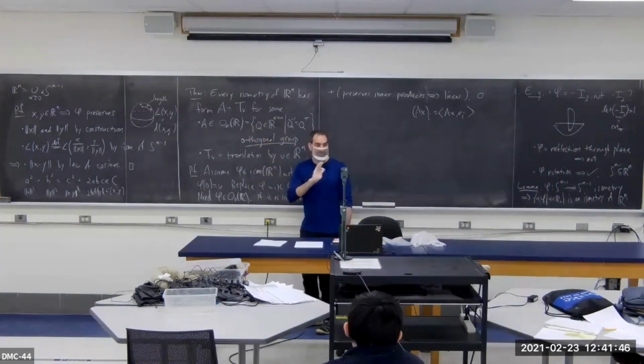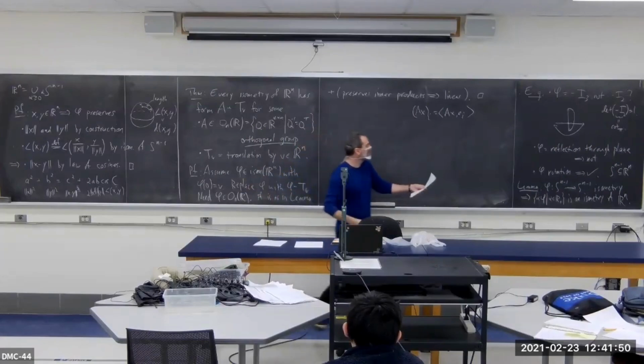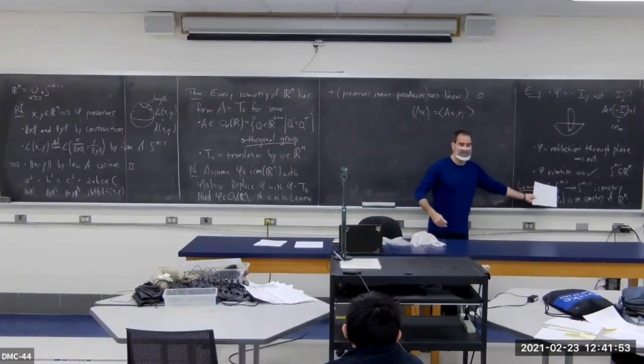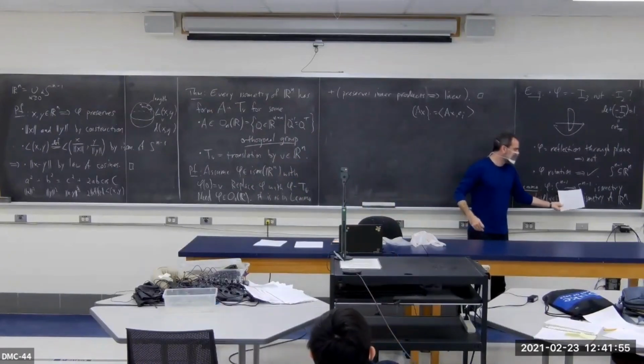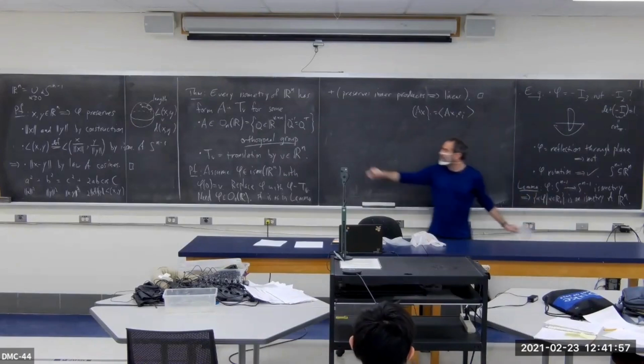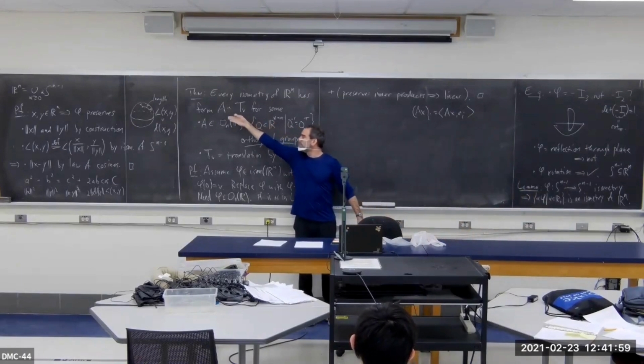Remember, every isometry of Sn minus 1 extends to an isometry of Rn. That's what this statement says. So if I had an isometry of Sn minus 1, what kind of transformation would I get up here? What can you tell me about it?